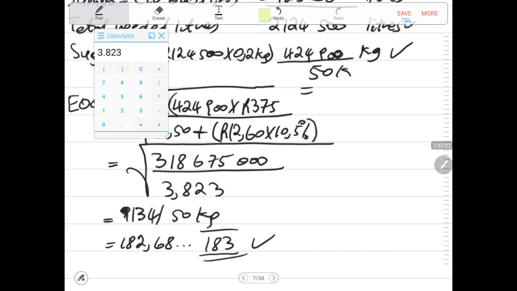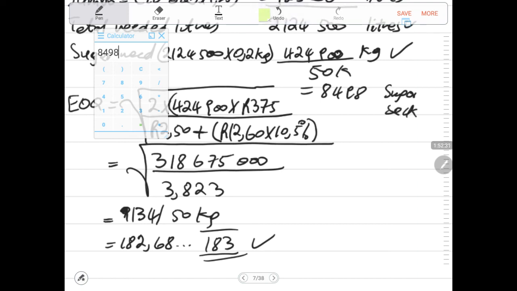So now, if that is the case, we'll say 424,900 divided by 50. Now, this will be 8,498. The 8,498 now will already be per 50 kg, or the number of 50 kg sugar sacks. So this will be already in sugar sacks.